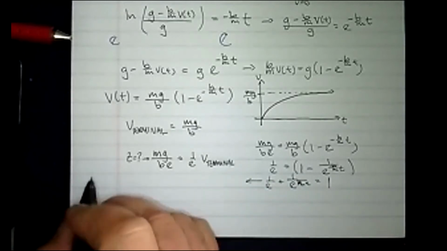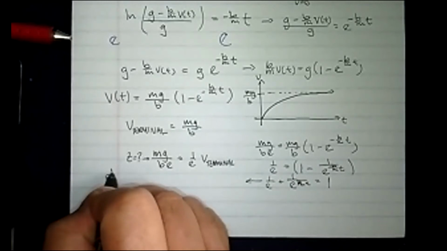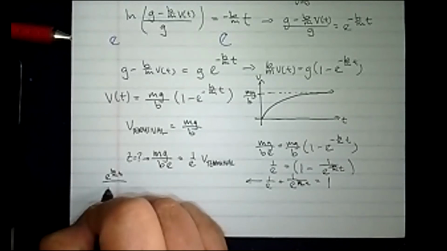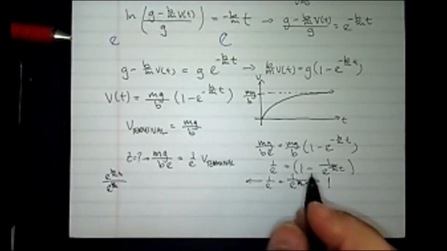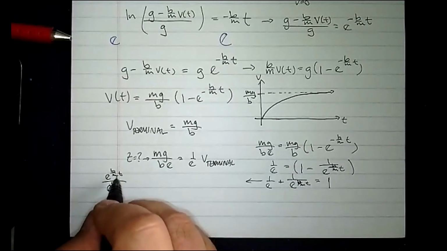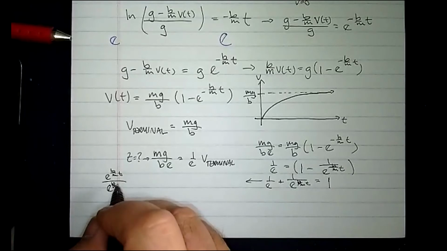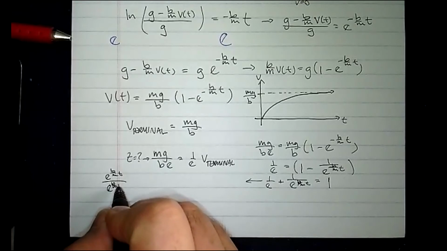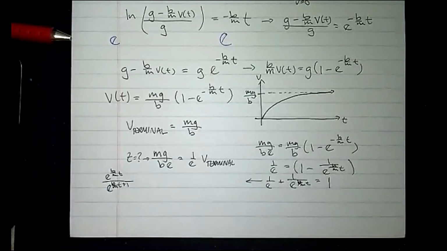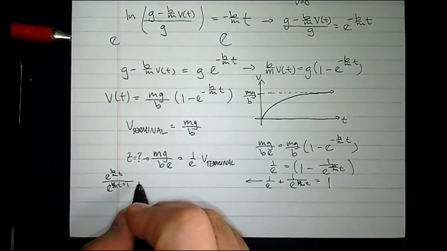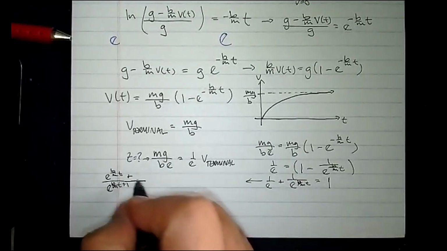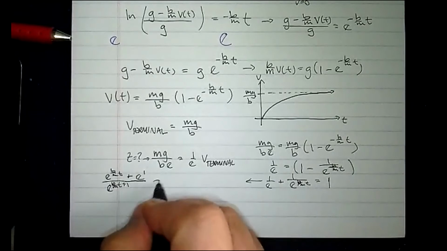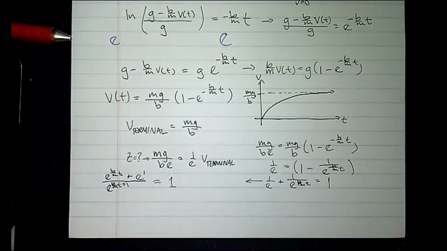I'll say e to the b over m t over e to the b over m t times e to the 1 power. When you multiply two things with the same base, you add the exponents. So b over m t plus 1 would be up here, and that's the denominator that each of them will have. But on this side, you'll have plus just e to the 1. And that's equal to 1.